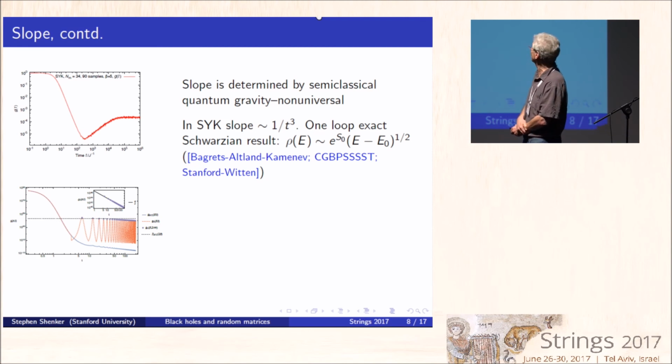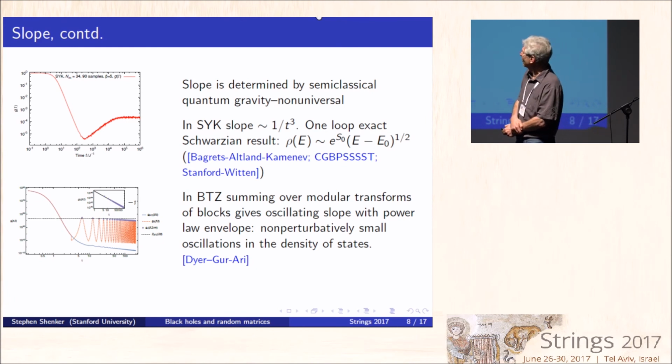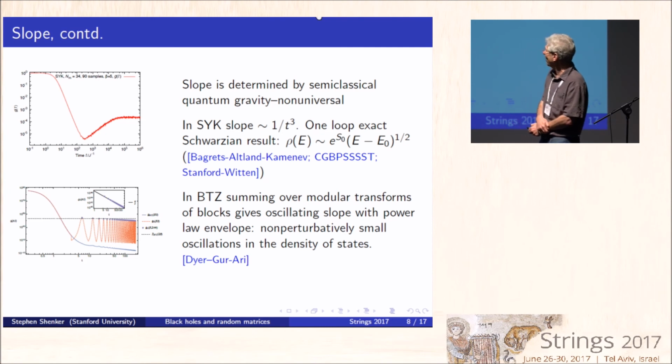Douglas described this. In BTZ, Dyer and Gurari analyzed this model by summing over all modular transforms of the BTZ saddle, or more generally by modular transforms of conformal blocks, and found a rapidly decreasing feature, but then modulated by exponentially small oscillations, that when you translate it corresponds to exponentially small ripples in the density of states.